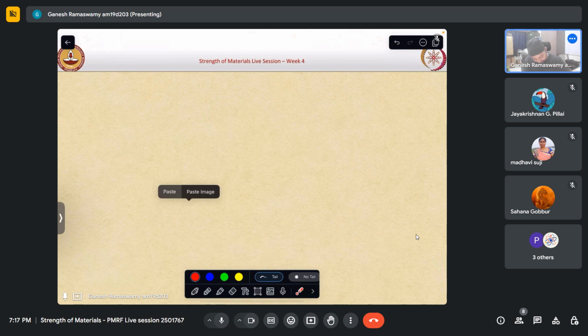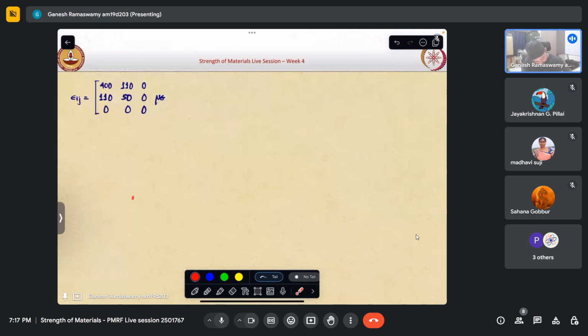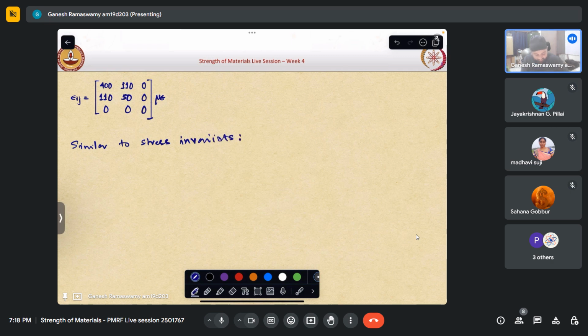So this is my strain tensor. Similar to stress invariants, which was discussed in the previous session, those who are finding this new can go and take a look at that video.